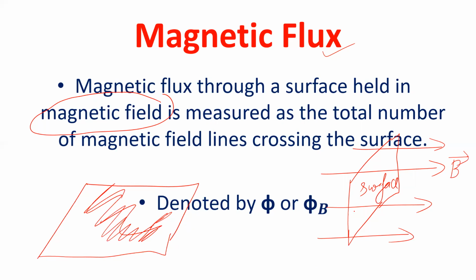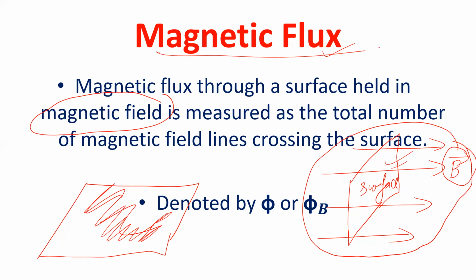So basically the flux is defined as how many magnetic field lines, these lines which I have drawn here, are crossing this surface. It is very clear from the diagram that maximum lines are crossing it, so the maximum flux is linked with the surface over here. And we are making the magnetic field here, so the flux would be magnetic flux. That is the basic idea of what flux is.